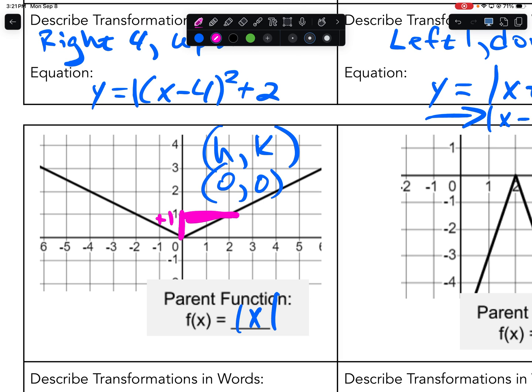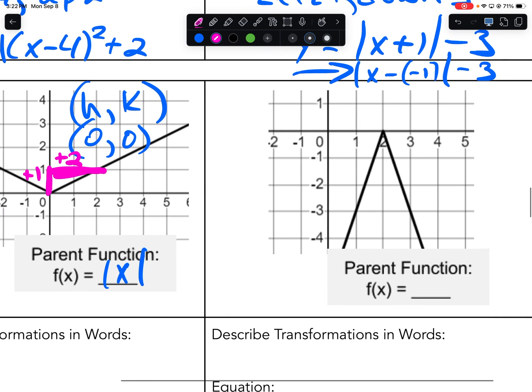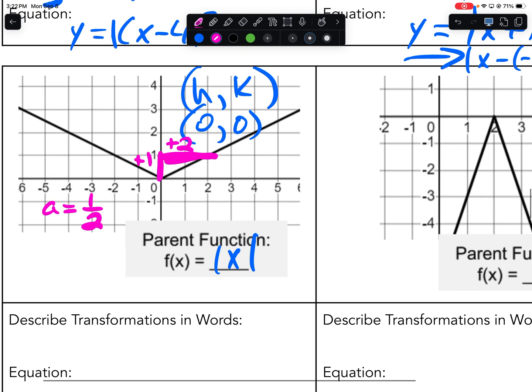So is that positive or negative, that over 2? Plus 2. So if we think about it, A is really 1 over 2. Is there problems when it says reflecting over the y-axis or is it just the x-axis? Just x-axis for now.